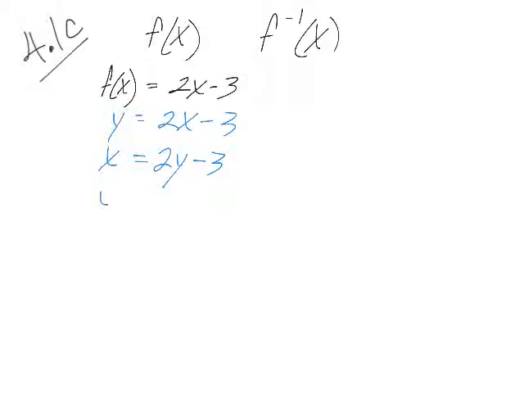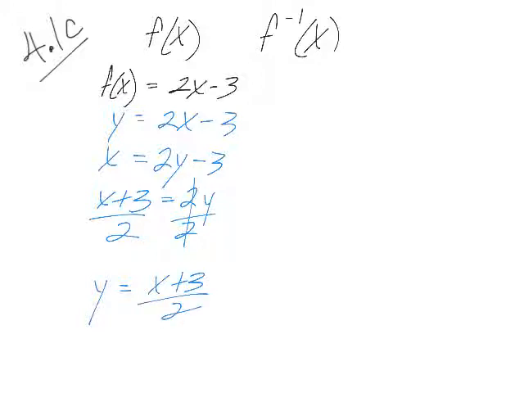So we're going to add 3 to both sides. Then we'll divide by 2. Those cancel, and we end up with y equals x plus 3 over 2. Okay? And the last step is we're going to replace y with f inverse.